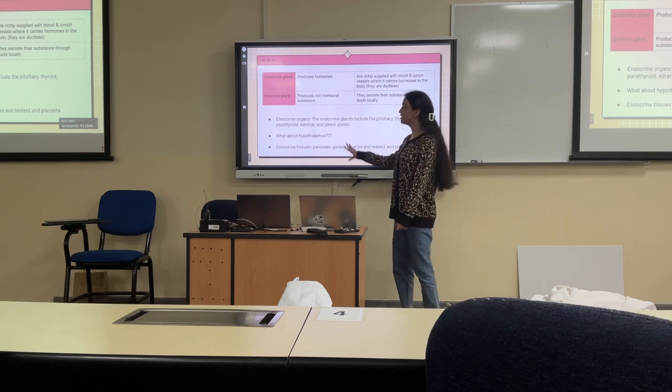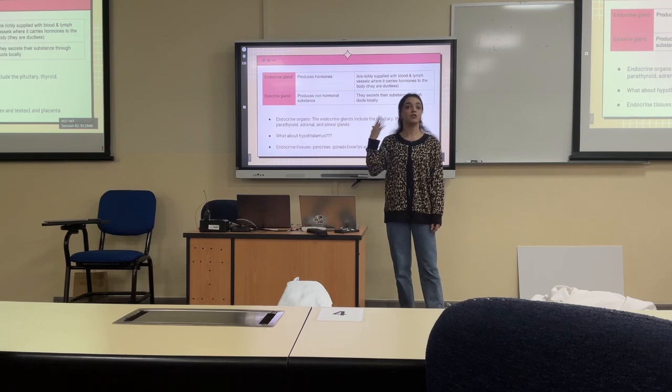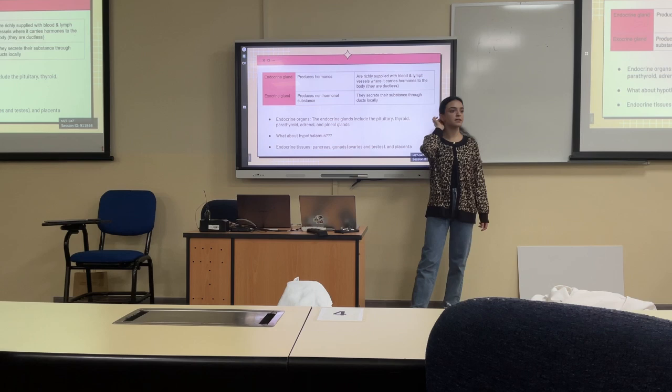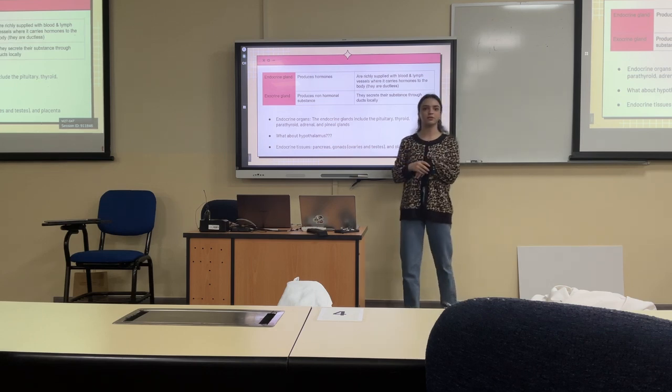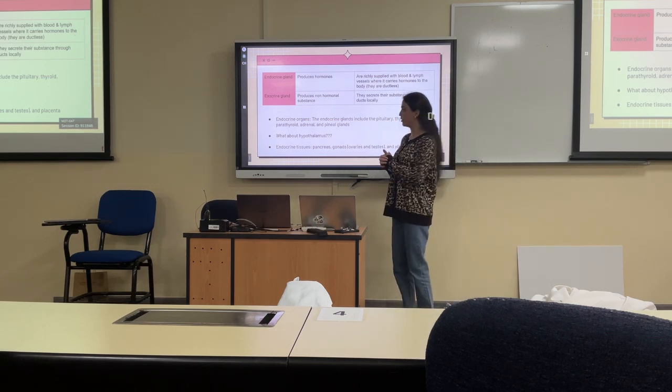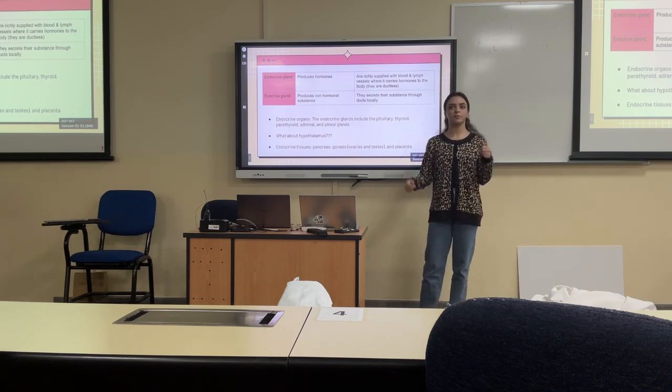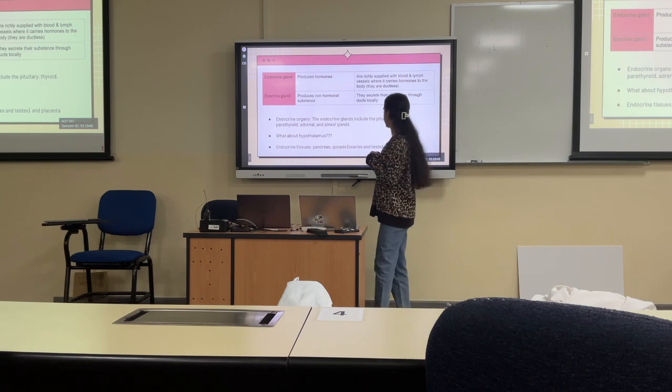Okay. So it's not a pure endocrine gland, it's a neuroendocrine tissue, because it acts on the nervous system as well as the endocrine system, which we will revise later on. There are also some endocrine tissues that are scattered here and there in our pancreas, in the gonads, and in the placenta.